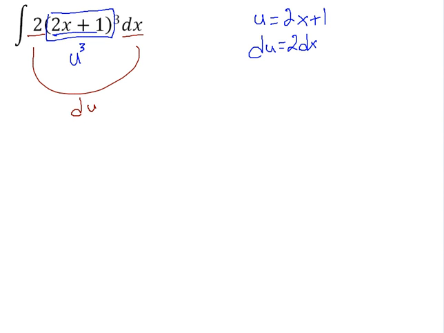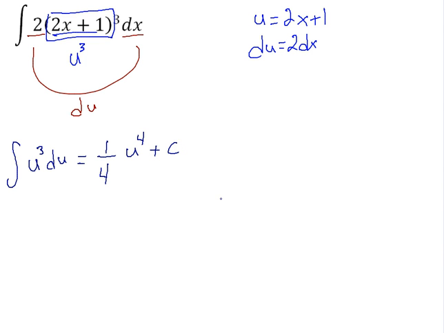So essentially, we have the integral of u cubed du. We have to make sure that we account for everything in our integral. We've got the 2x plus 1 cubed, that's u cubed, and the 2 dx, that's du. We can evaluate this integral and say that this is going to be 1/4 u to the 4th, and don't forget our plus c.